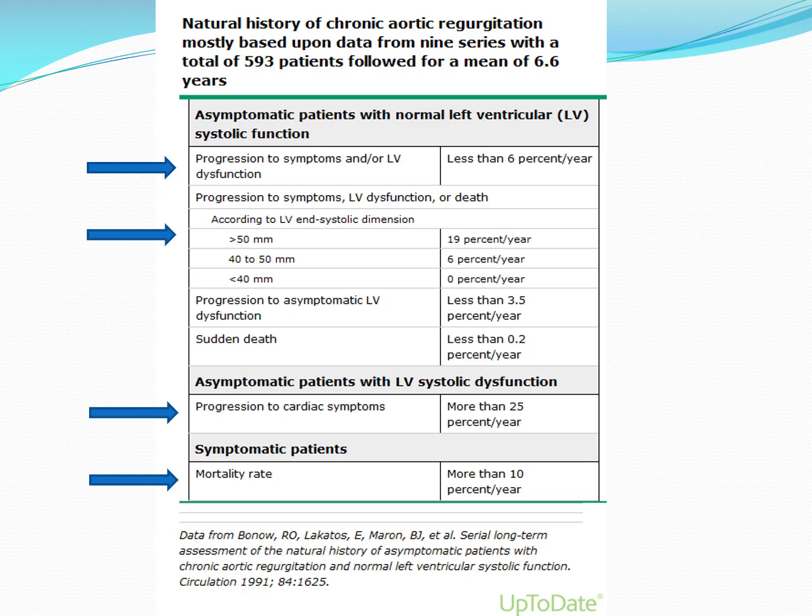However, if you follow the left ventricular end systolic dimension by echo, those who have an end systolic dimension more than 50 millimeters have a pretty high incidence of development of LV failure or death, 19%, which is not good. While this is almost like normal people when the left ventricular end systolic dimension is less than 50 millimeters, 40 to 50 in the second line.